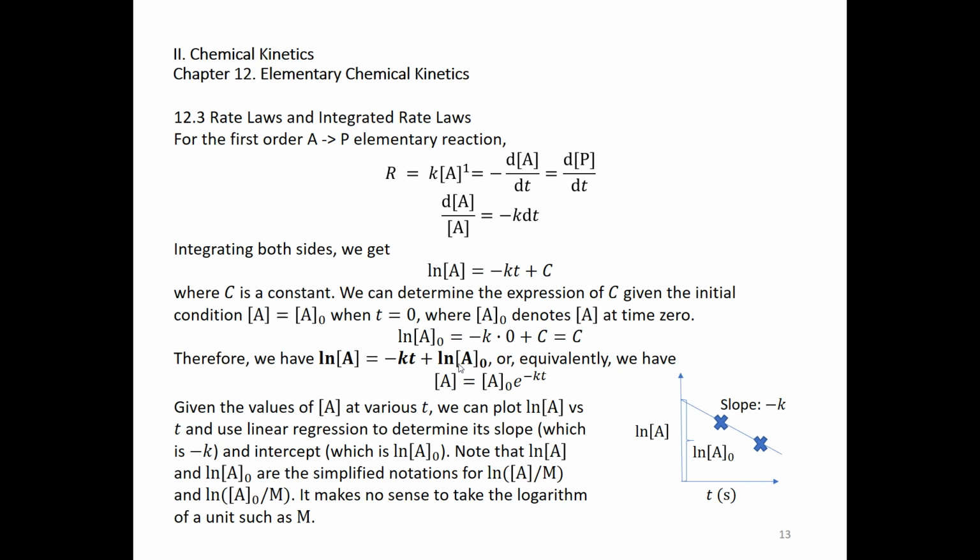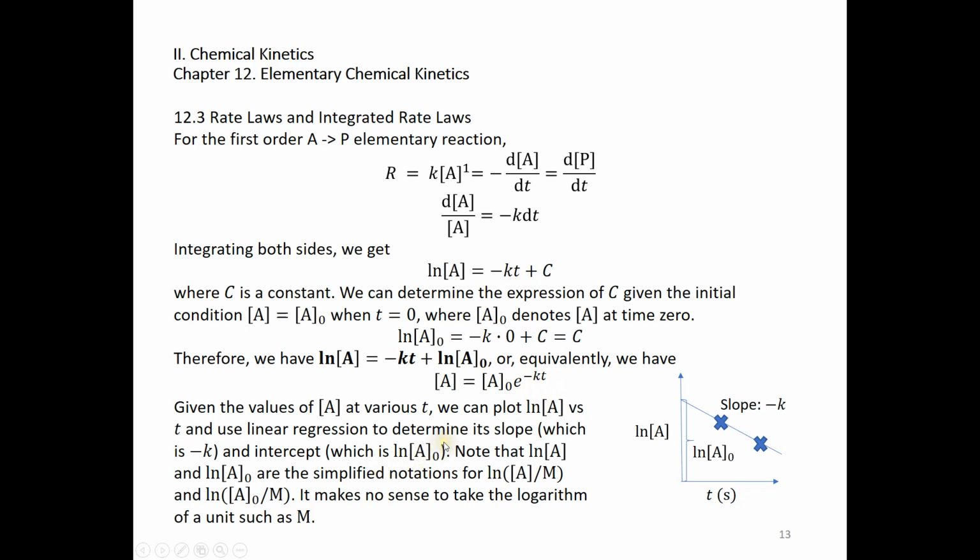And if you have only two data points, you can always solve two linear equations that contain two variables. So for example, if you know the concentration of A at the beginning and the concentration of A after 1 second, and it's the first order equation, you can use this, and then you can hand calculate the value of k as well. You can also use this equation if you have the initial concentration of A, and at t equals 1 second or 2 minutes, whatever, you have another concentration of A. Plugging all those values, you determine k.